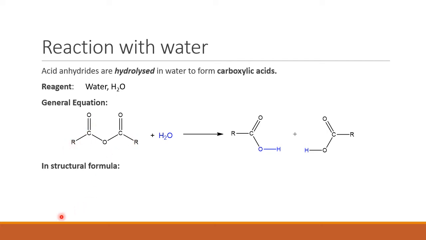We are going to use water to break a bond, and we're going to break this bond here, and then put the parts of water back on. Where we've broken this bond, you can see that I have put an O and an H from water onto this C, the first C in the chain, and then the remaining hydrogen has been left to add on to the other side, and we've formed two carboxylic acids.